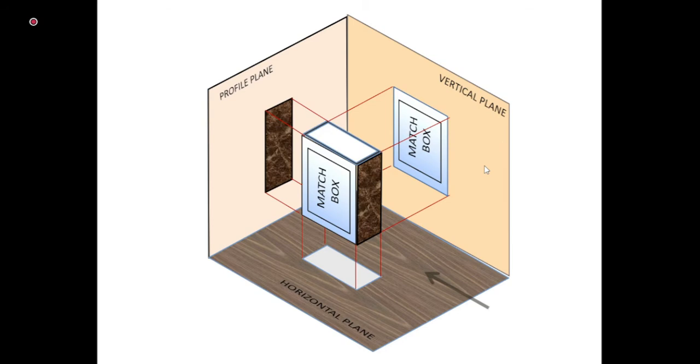Now I cannot take a print of this and say that this is a 2D drawing. Am I right? Yes, sir. Then how can I convert this into a 2D drawing? I have done the orthographic projection, but the conversion has not happened.